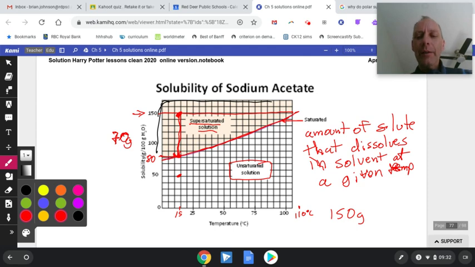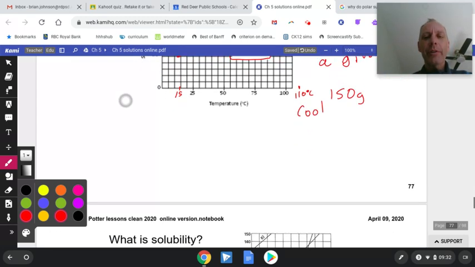So you heat it up, get the solute to dissolve, and then you slowly, gently cool it down to 15 degrees Celsius. And then at that point, it's supersaturated, very unstable, and just the tiniest little disturbance and all of that excess solute that's dissolved will jump out. So that's the theory behind that supersaturated solution, and this is the vocabulary we're going to be using today.